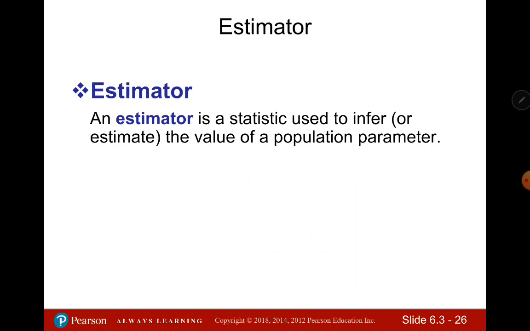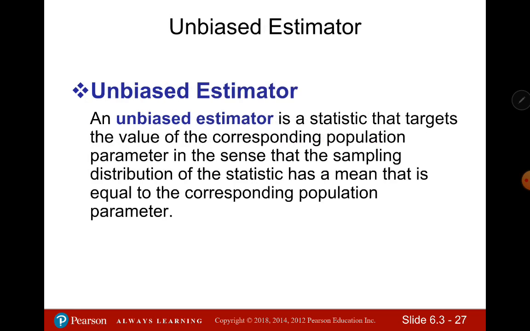So here, let's check the definition of estimator. An estimator is a statistic to estimate the population parameter. So it's just a measure to estimate the parameter. We call it an estimator, and the estimator is a statistic. Let's see, what is an unbiased estimator?